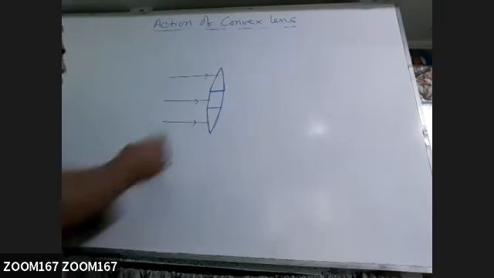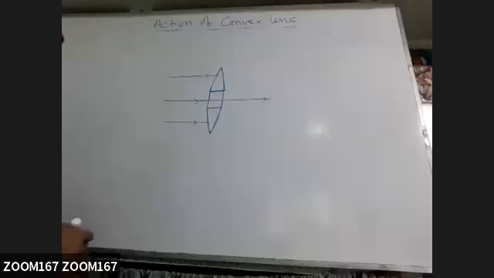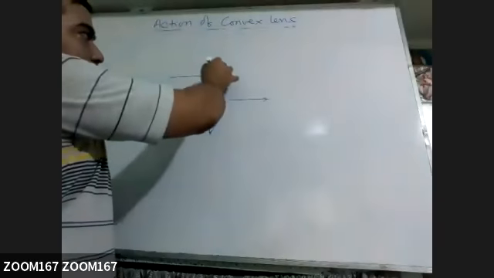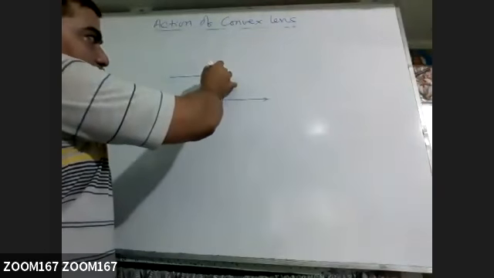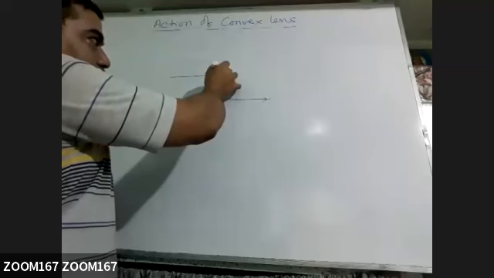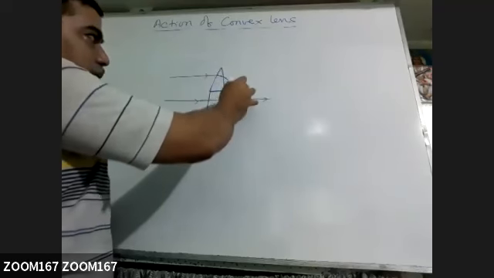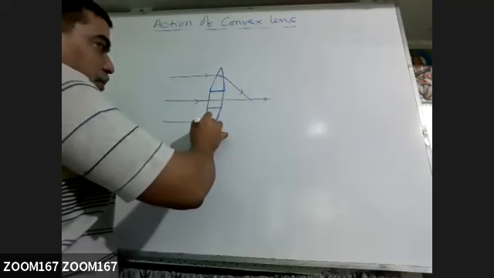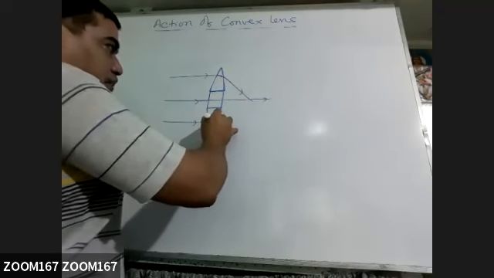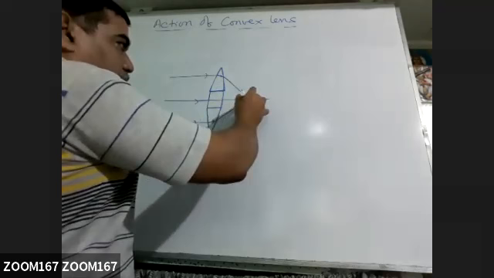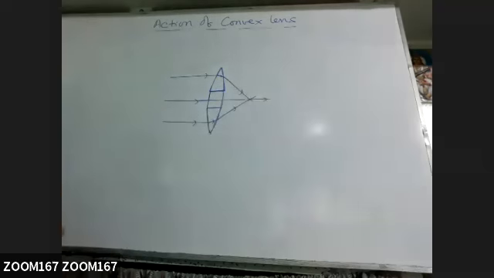As it is incident normally on this glass slab, it will go undeviated. If we draw the normal here, it will bend towards the normal, so it bends like this and comes this way. Similarly, from this side, it bends and then comes this way. So that's why the beam is converged.